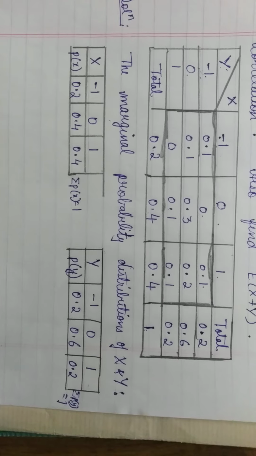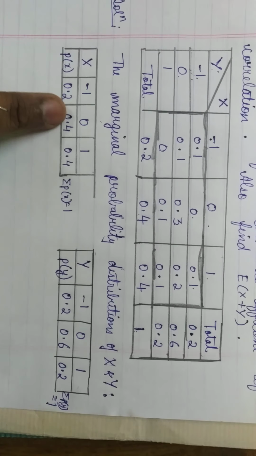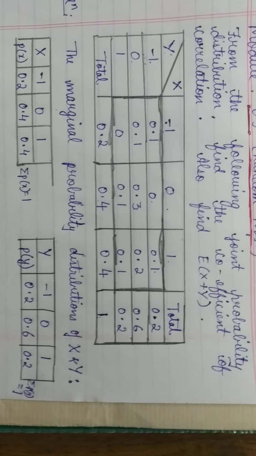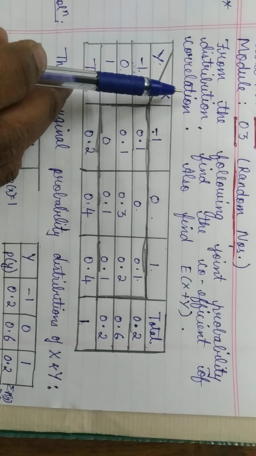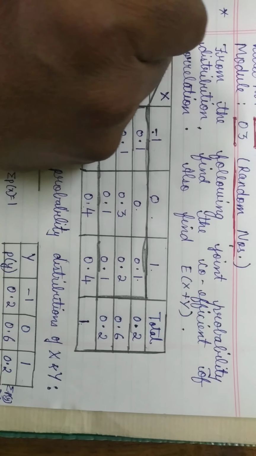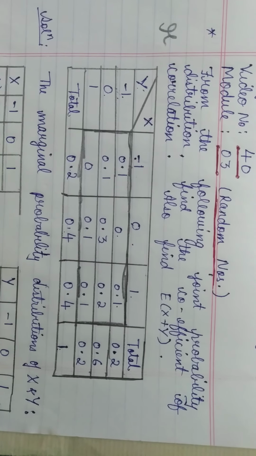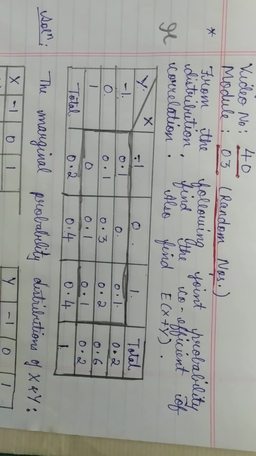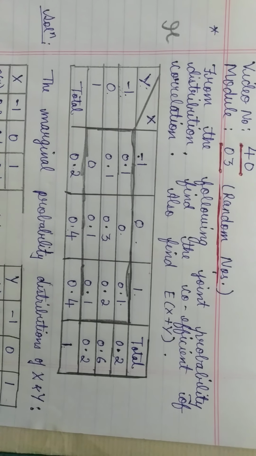So now what we have done is we have split this entire problem into two different problems. Whenever they ask you the coefficient of correlation, that is R, in the first model we found Karl Pearson's coefficient of correlation and Spearman's rank correlation. It is similar to that, but the formula is different here because probabilities are given.